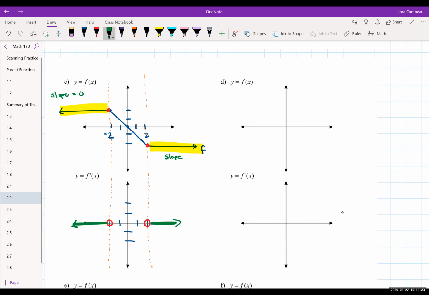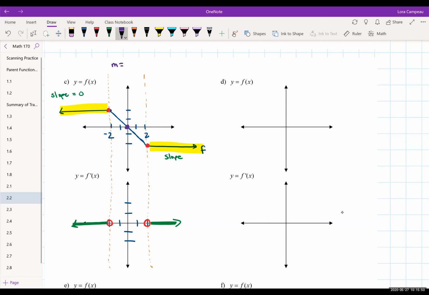So I need to inspect what's happening with the slope for all the x values in between -2 and +2. We want it to be a little bit more accurate here. I can calculate the slope by calculating rise over run from one point to the other. I'll go from our origin.